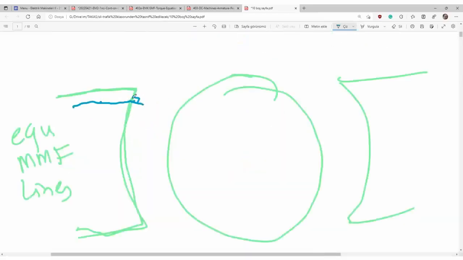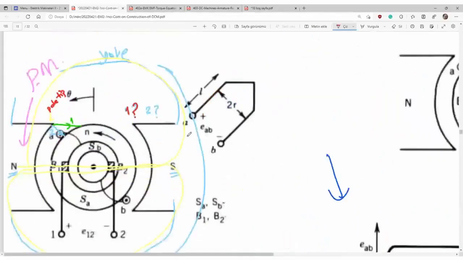They are always perpendicular to the MMF lines. Here it is perpendicular, and again here it is perpendicular. So the magnetic field lines will be like this. Okay, the second choice was the correct answer.